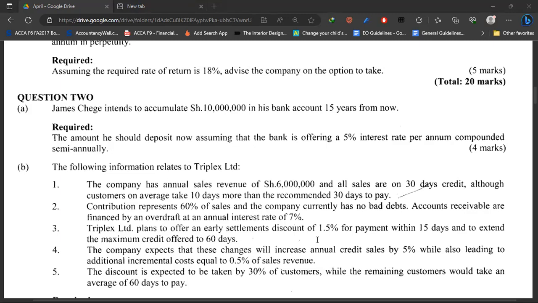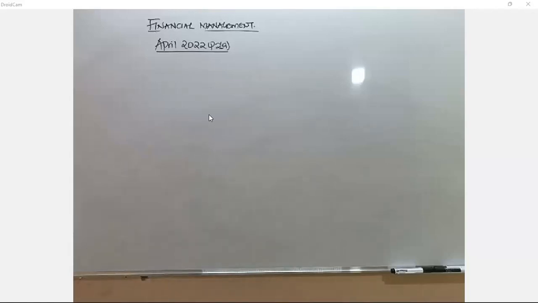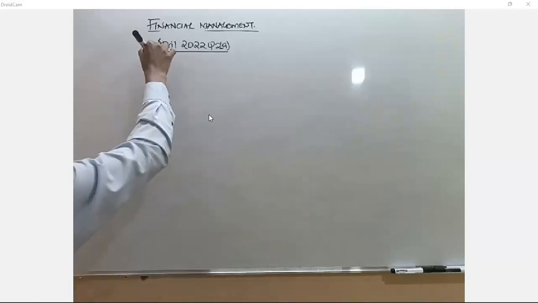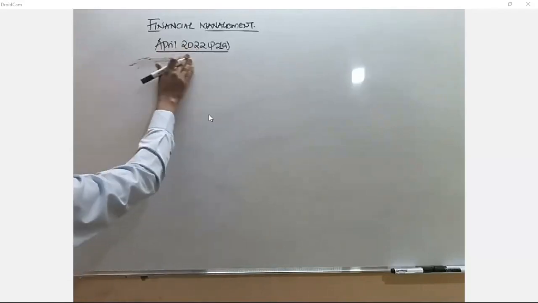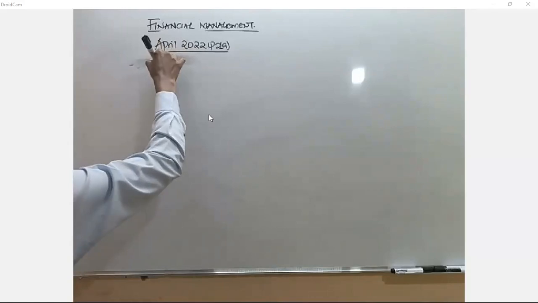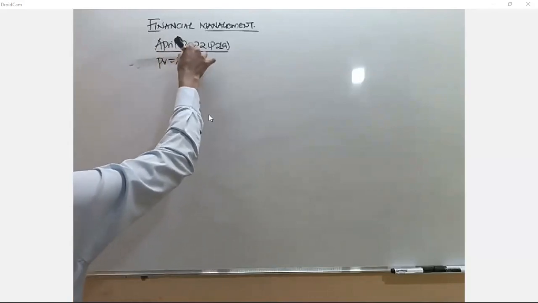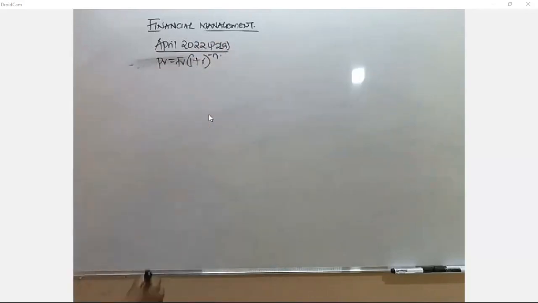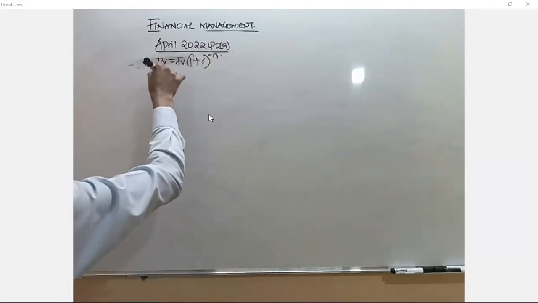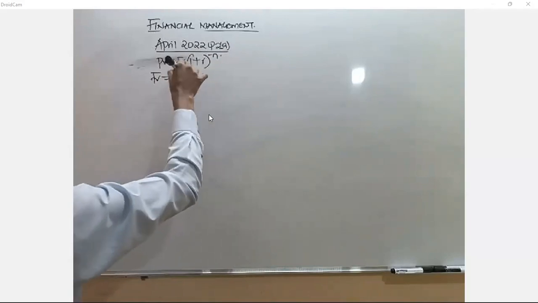You just come and write your formula. Never forget to do so. So our present value should be equal to our future value times 1 plus r, raised to negative n. And the examiner has already told you the future value is 10 million.